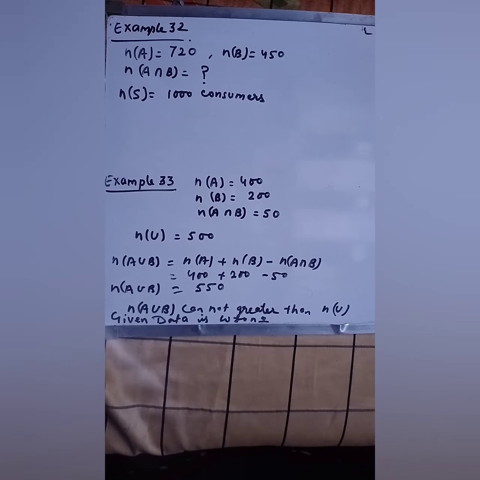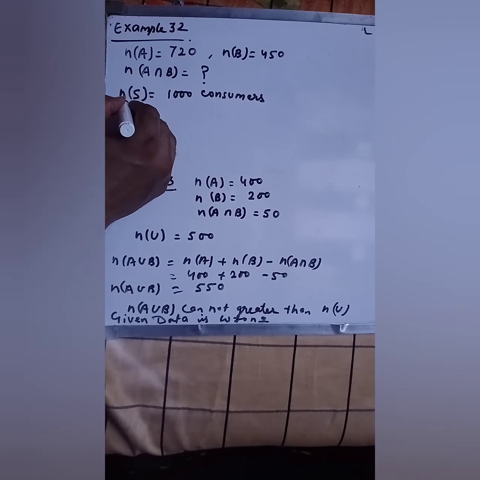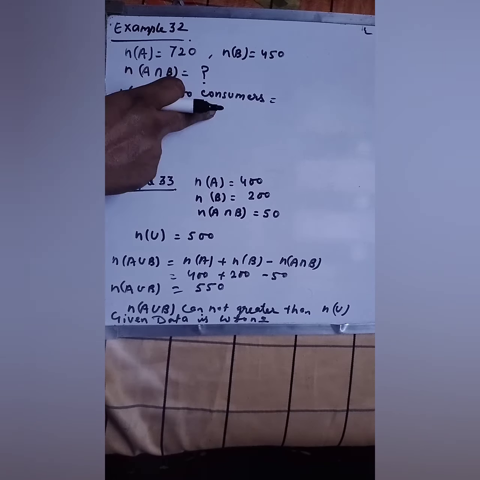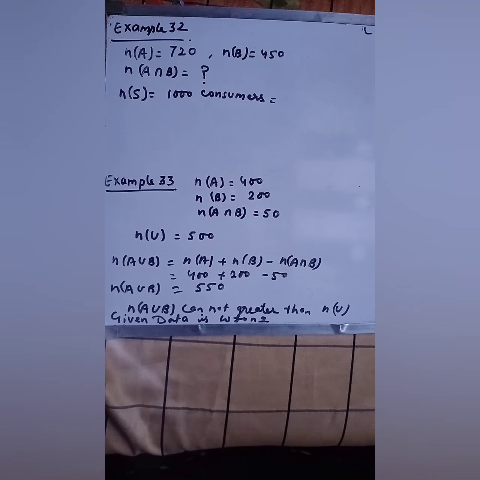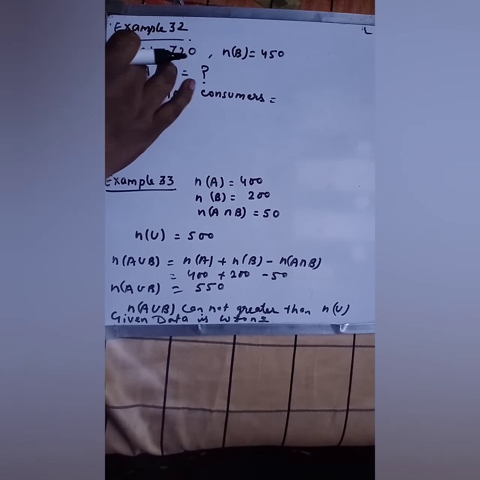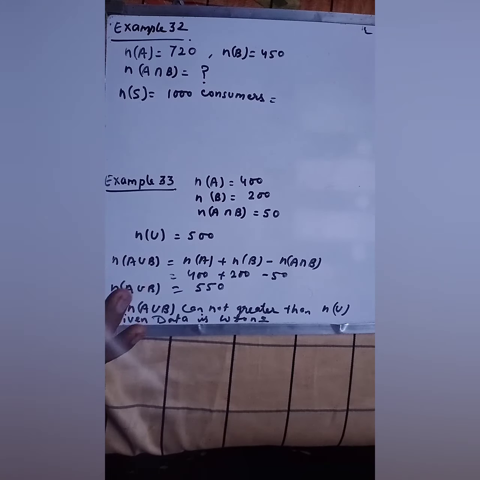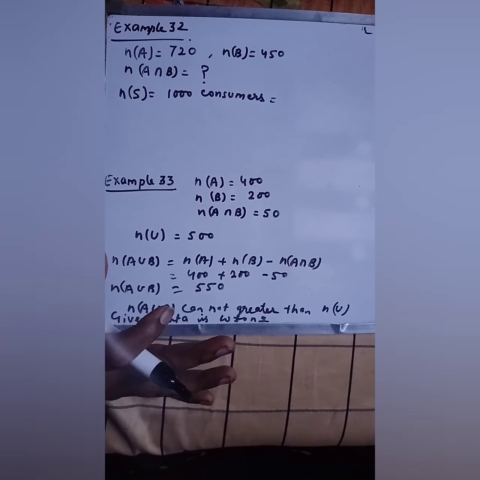Just wait. So here in this case, all consumers like product A or B. There is no case of a consumer who doesn't like product A and B. So every consumer will consume at least one of the products.